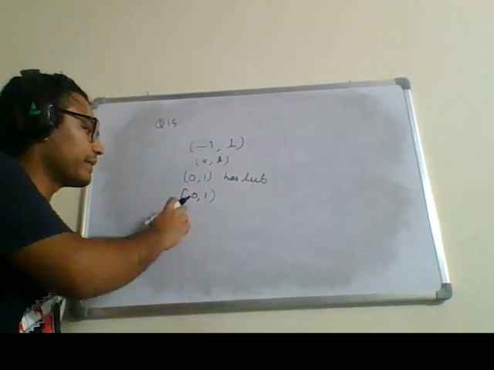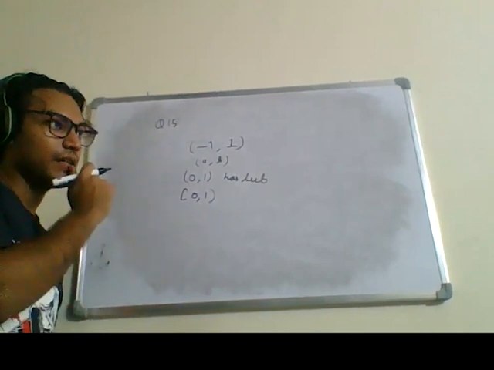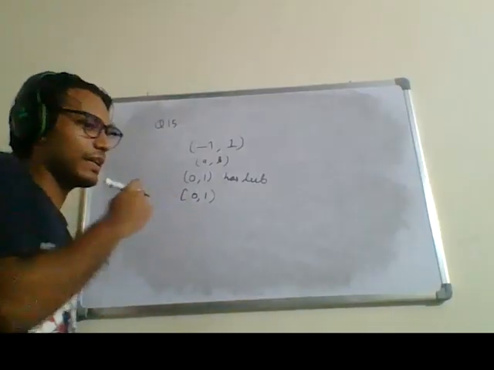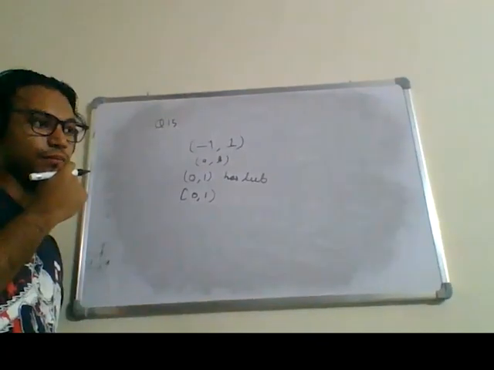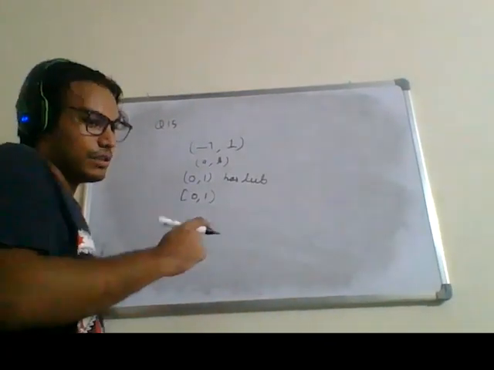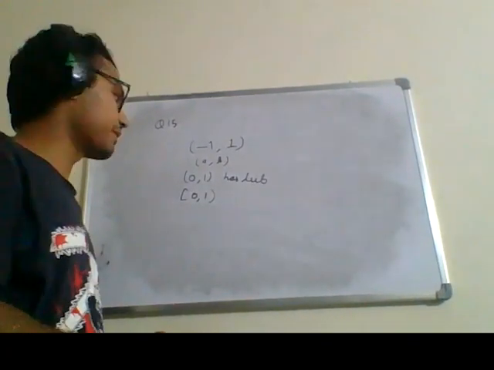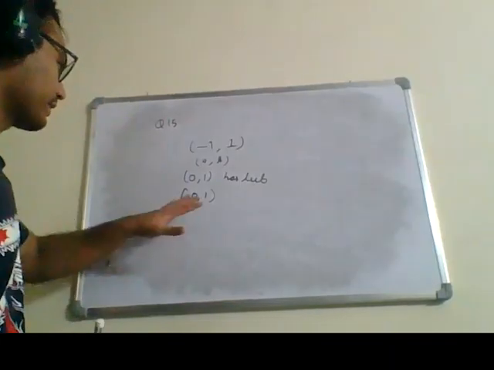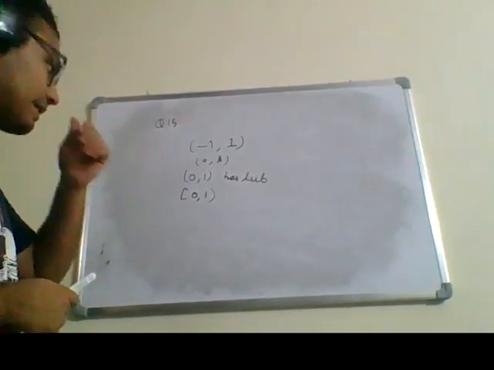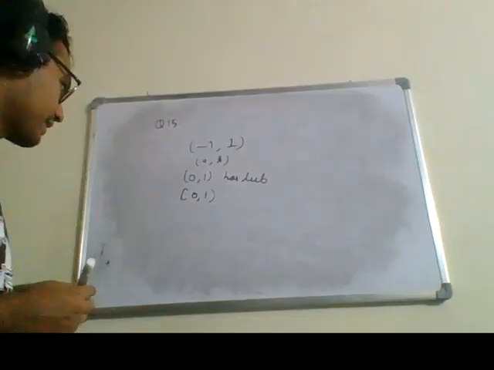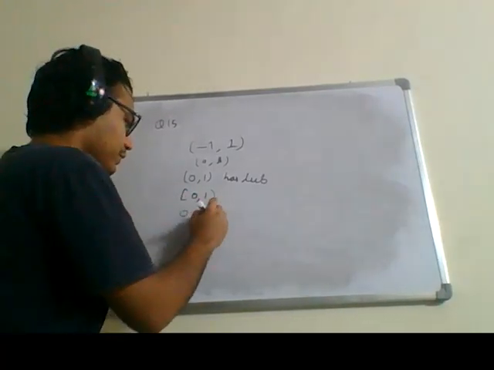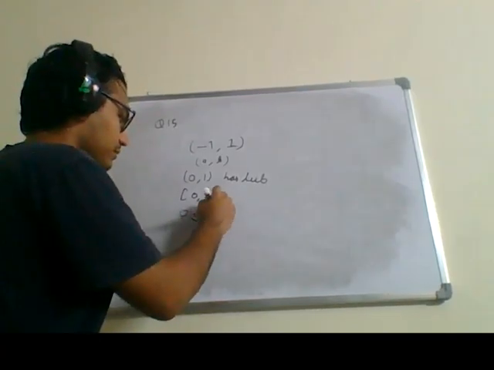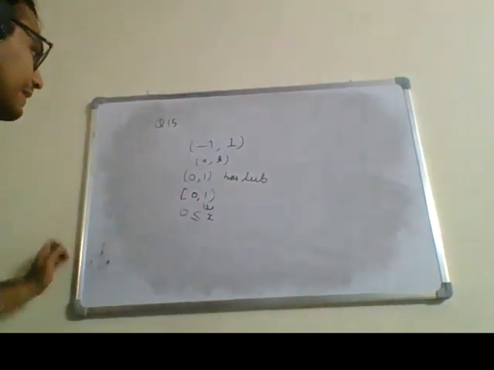If 0 is included in the subset, then 0 will be the greatest lower bound. Why is that? Because 0 is by definition less than or equal to x for all x belonging to this set, right?